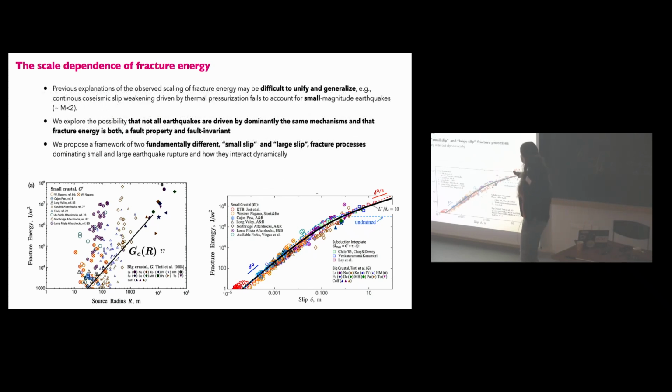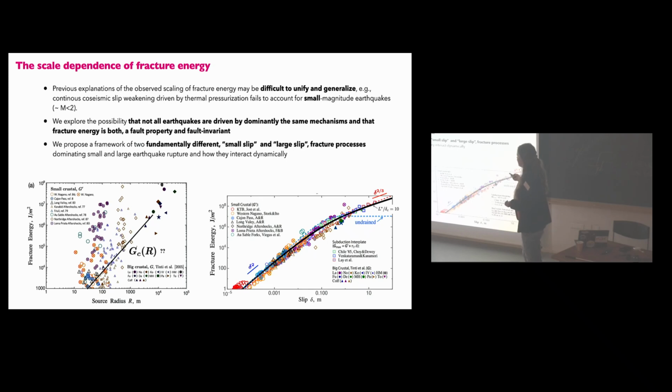Now, this paper proposes that these previous explanations may be difficult to unify and to generalize. In addition, they don't explain why we have small earthquakes. Specifically, thermal pressurization cannot explain the nucleation of small events, and it wasn't designed to do that. So we explore the possibility that not all earthquakes are driven by the same mechanism, but that fracture energy might be both a fault property and a fault invariant quantity.